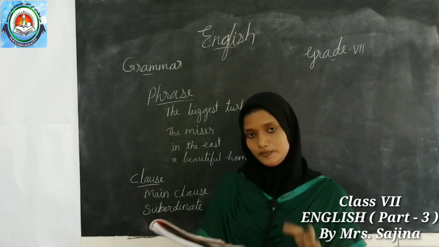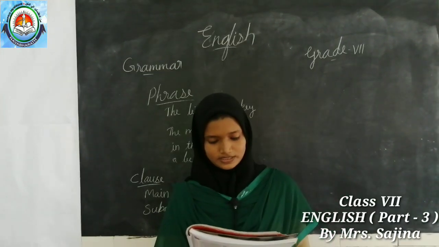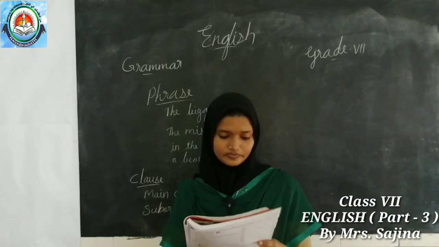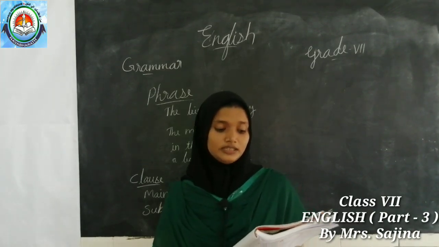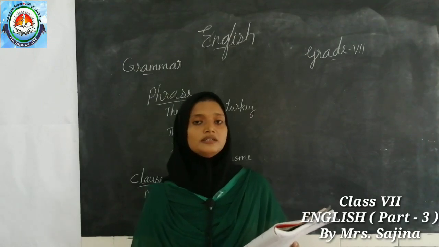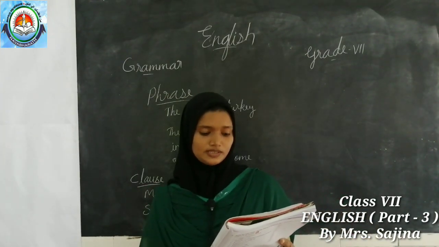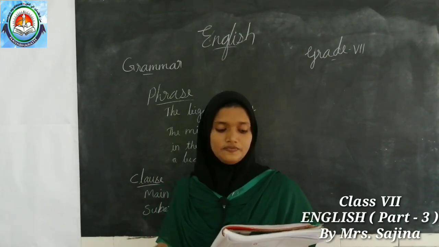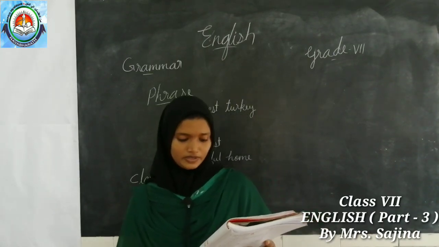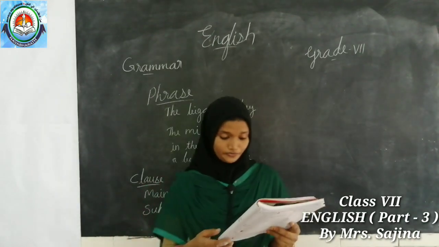Then in page number 20, you can see one example. Examples for phrases: the biggest turkey, the miser, at Christmas. Then examples for clauses: we often go to Vidyarthi Bhavan because we love their food.